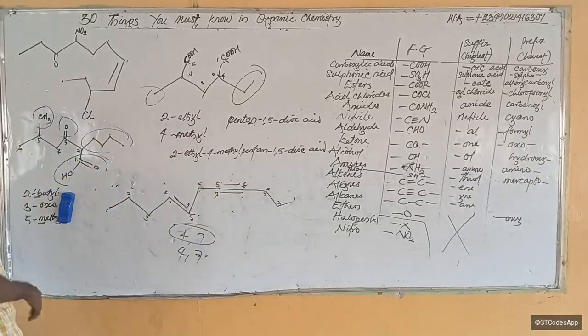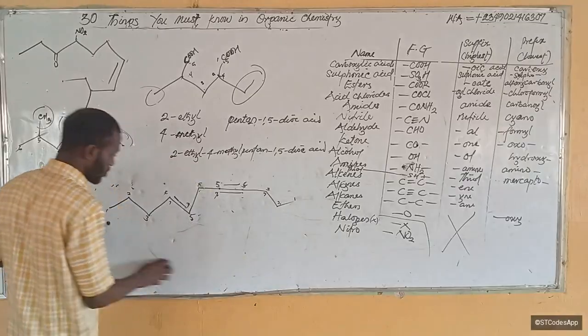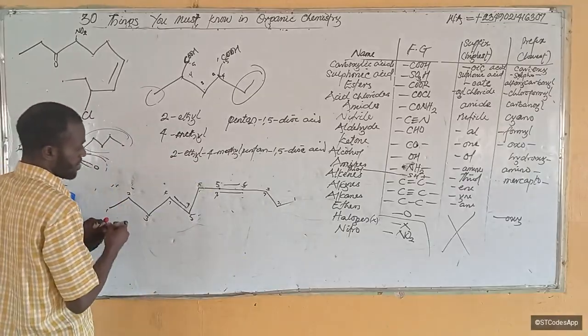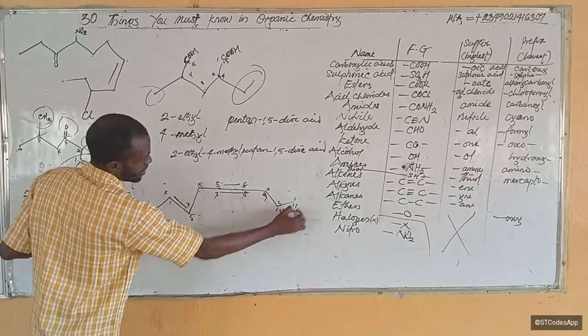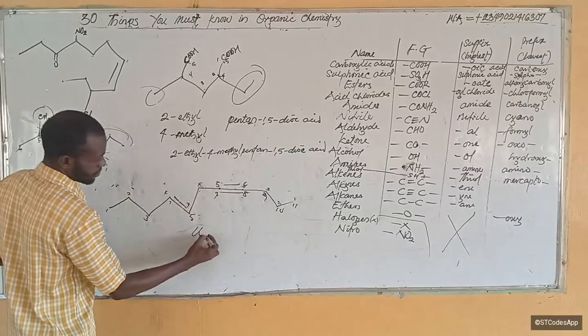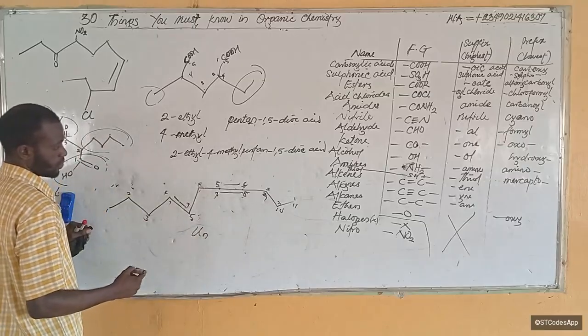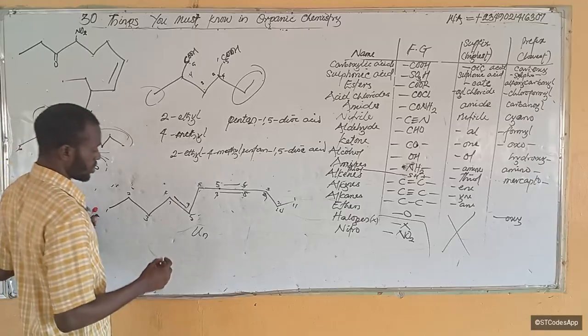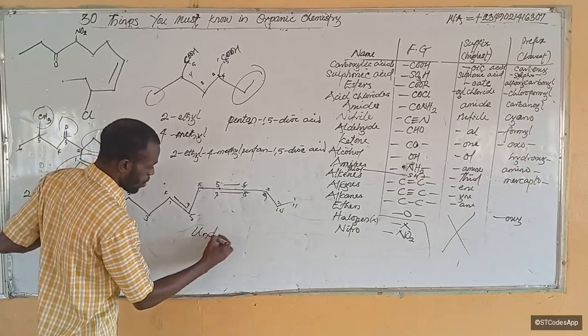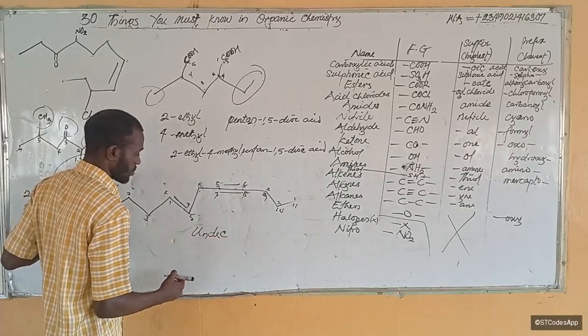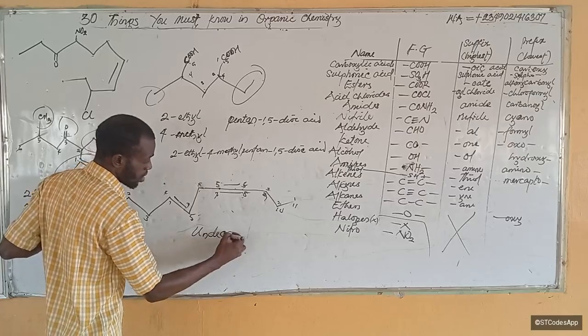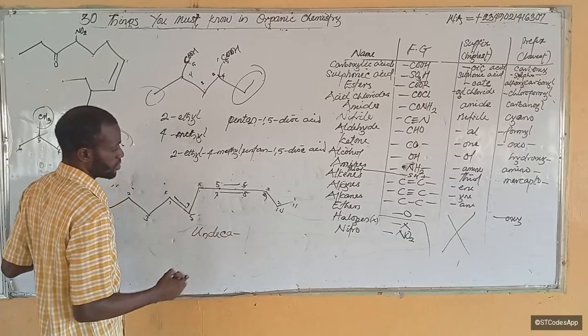So the name of this particular one will be, we have 5, 6, 7, 8, 9, 10, 11. Again, dec-on. There is no functional group, there is no substituent attached. So this will be dec-en-yne, 7.